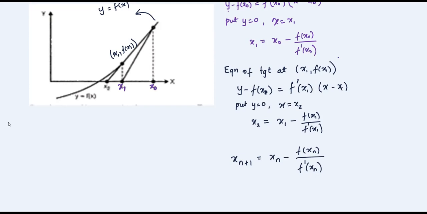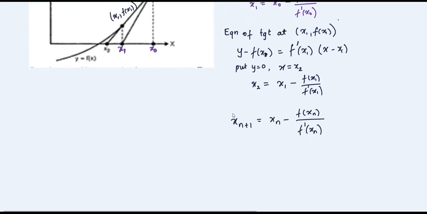So this is Newton-Raphson's method. The approximation from one step to the other step is h, which is minus f of xn by f dash of xn.